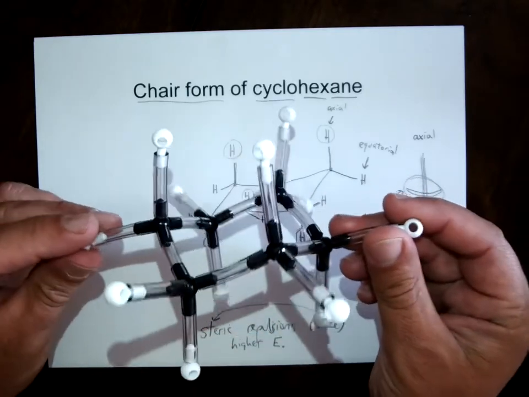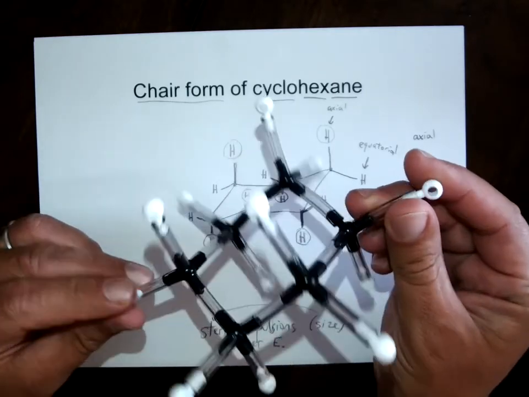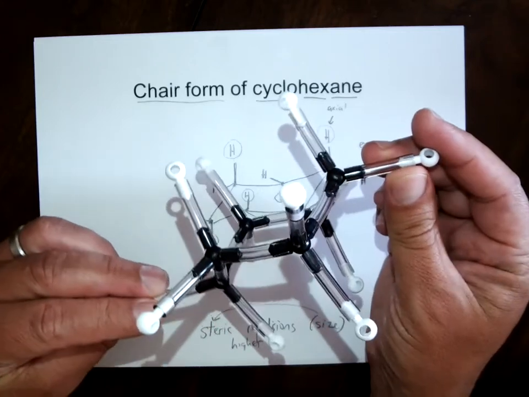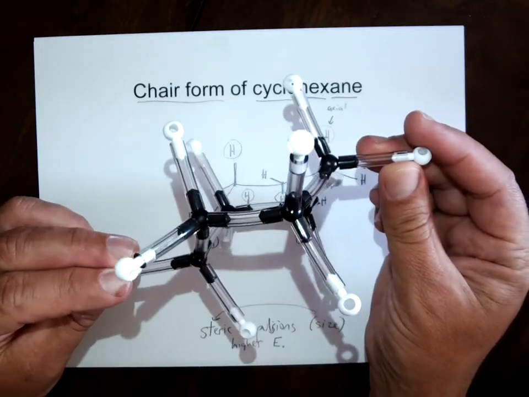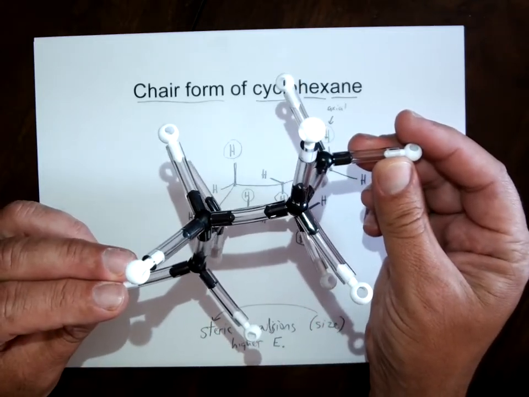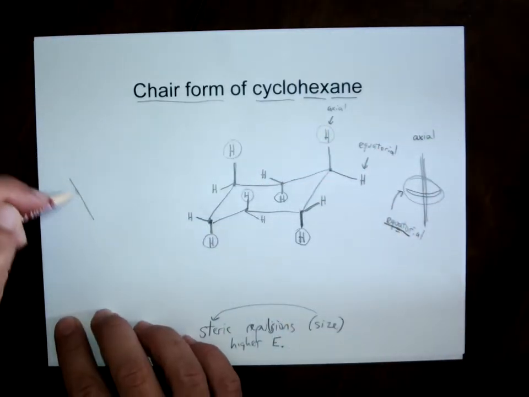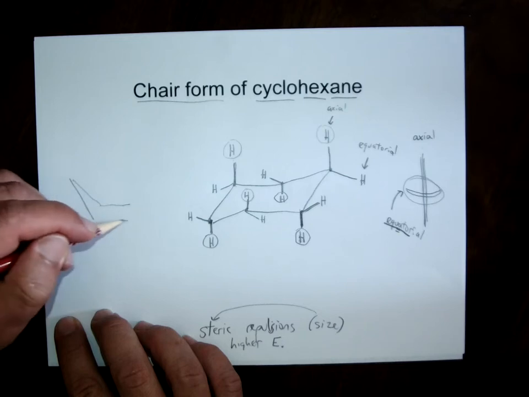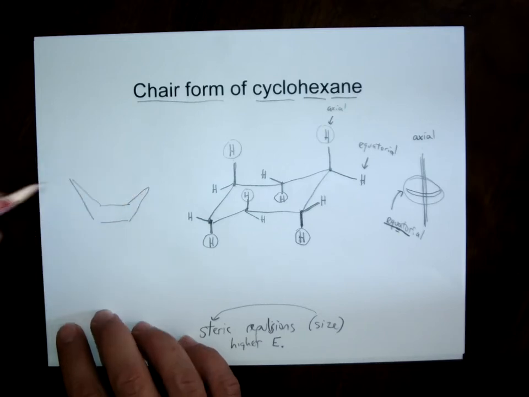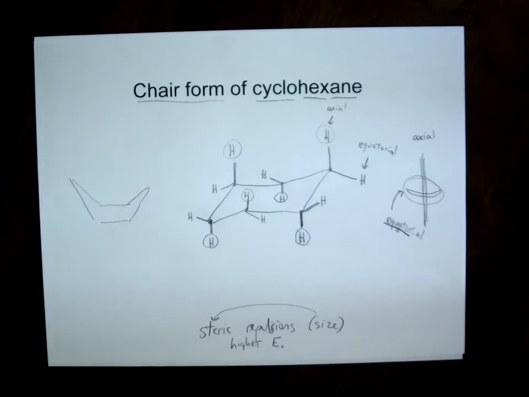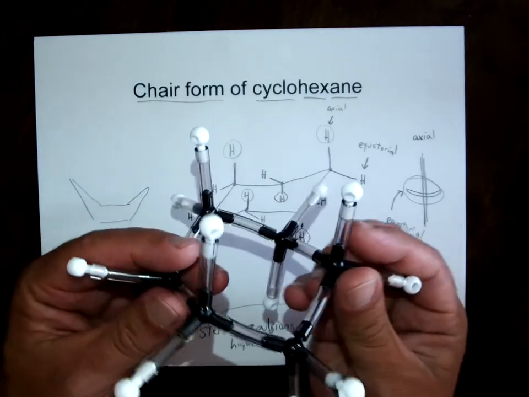There's the molecule, and if I hold it right, like this, you can sort of see why they call it a chair. There's other configurations, like the boat form, where rotation about single bonds brings the molecule into a different shape.